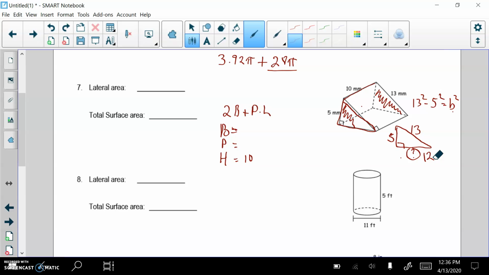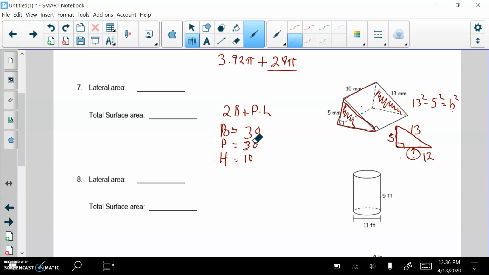And now that I have the base of my triangle, little b, and the height of my triangle, little h, I can find the area of that triangle, base times height divided by 2, which is 30. And the perimeter of the triangle is conveniently and coincidentally 30.